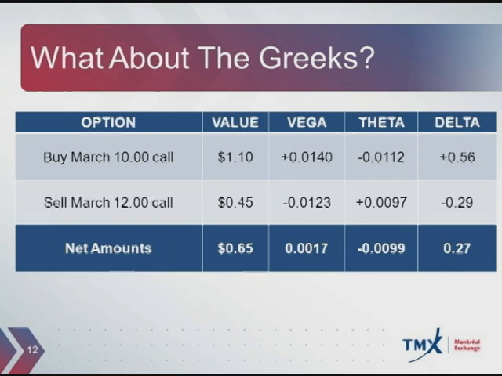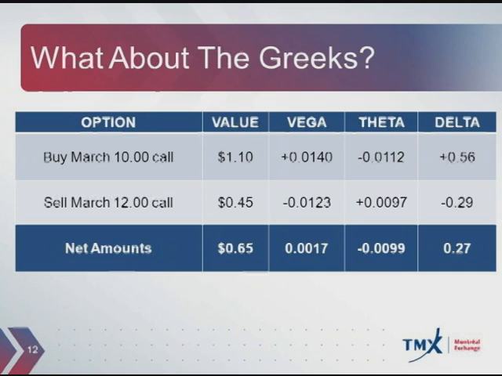That's when all of the time value is factored out, all of the vega and the theta are balanced out, and you have a position based solely on the intrinsic value of the long call versus the intrinsic value of the short call. So it's important to remember that for this strategy to meet its full profit potential, it has to be on the date of expiration.